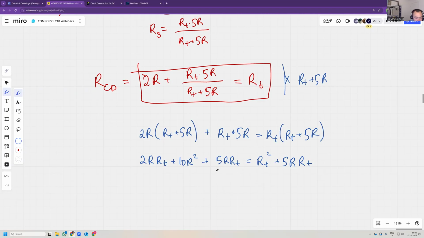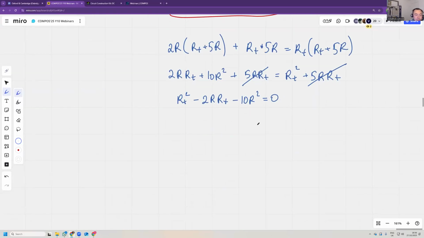Oh, nice. This cancels. We get RT squared minus 2R RT minus 10R squared equals 0. And this is a quadratic equation.